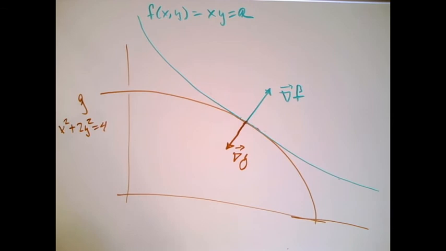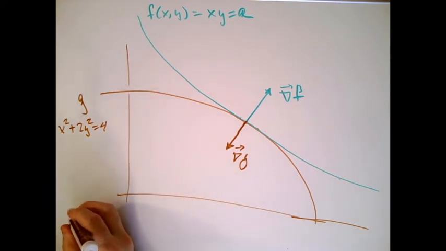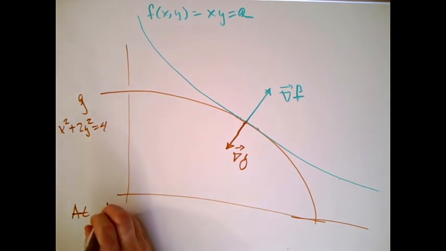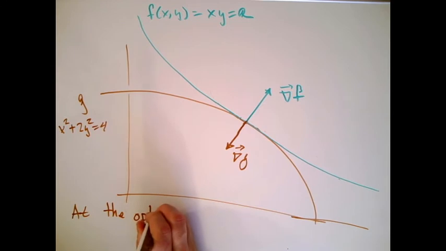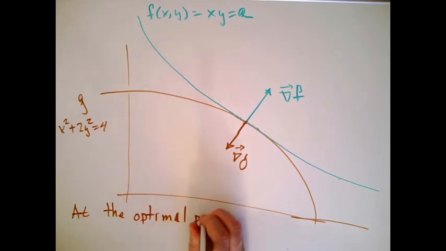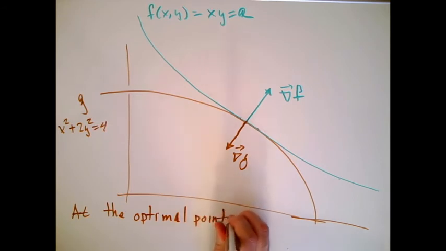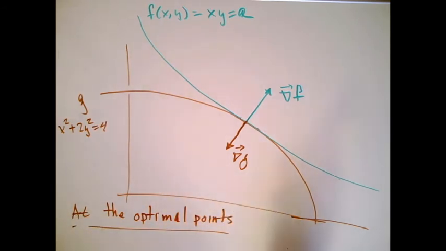Now, do they have to be the same vector? They absolutely do not. What we do have is that they're parallel. And remember from linear algebra what it means to be parallel. So what we're going to say is at the optimal points, we do have the following equation.